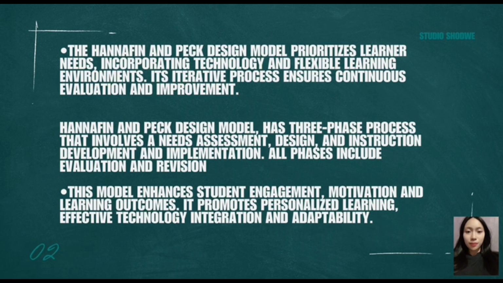The Hannafin and Peck design model prioritizes learner needs and incorporates technology and flexible learning environments. Its iterative process ensures continuous evaluation and improvement.